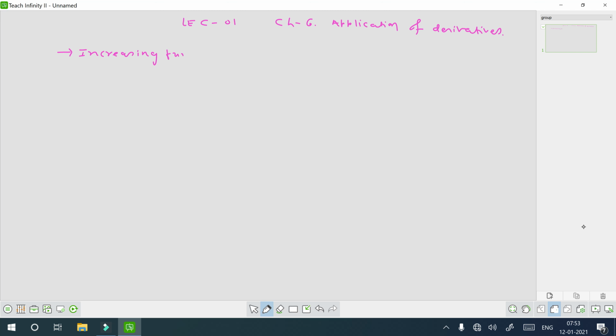increasing function. All of you are familiar with this thing, even though let us recall it. Let us consider f is a function from R to R. Consider f of x is equal to x square.